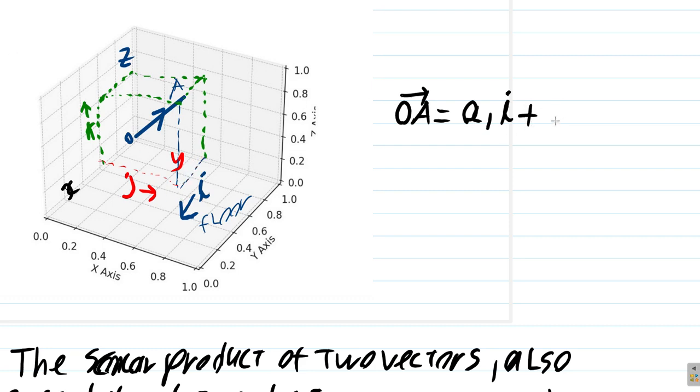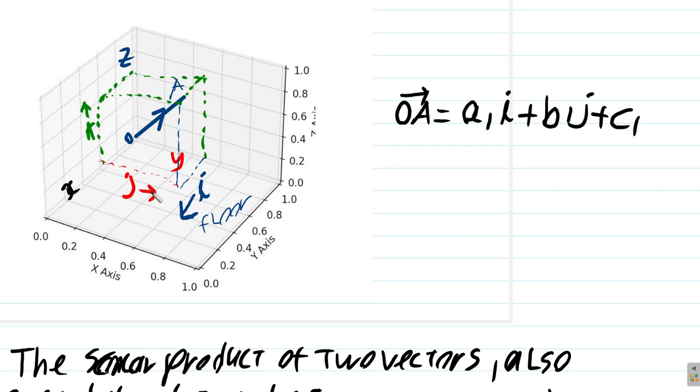Plus, then we have, say, B1J. B1 is in this direction, the y direction. B1 is this one from the origin out here, and is in the j direction, which is the same as the y direction, but we call it j as a unit vector, plus c1.